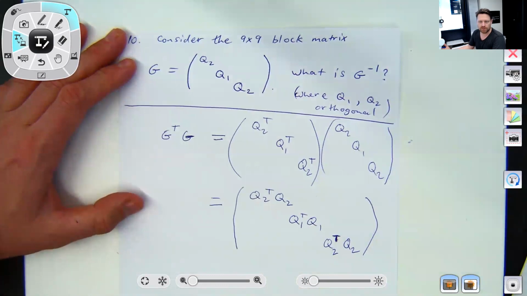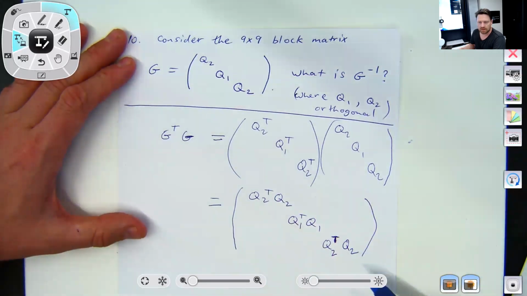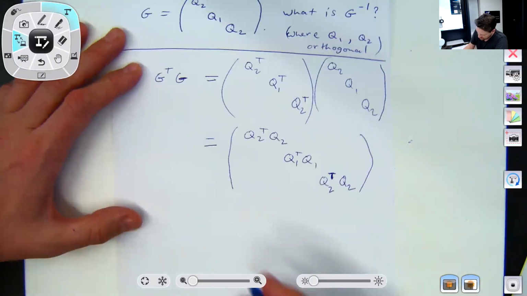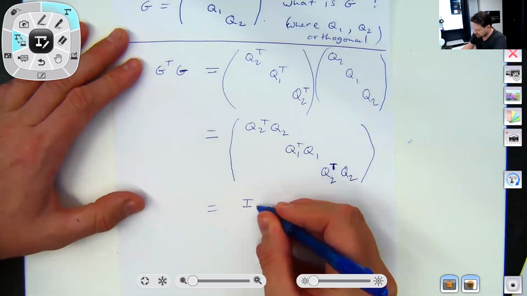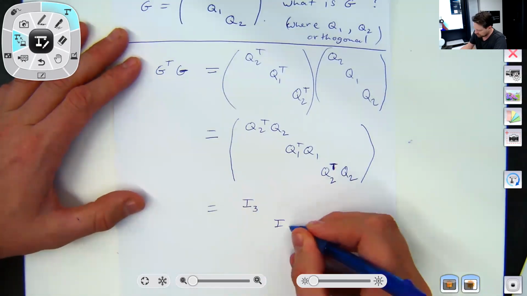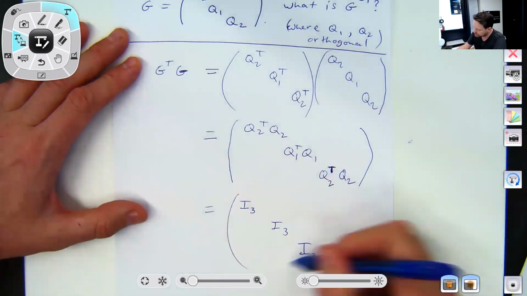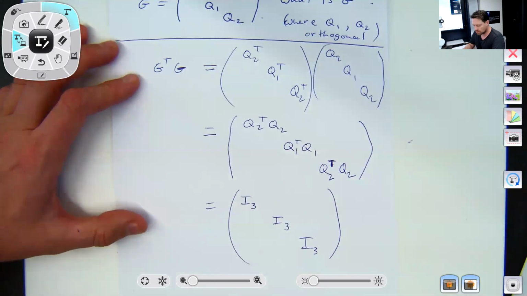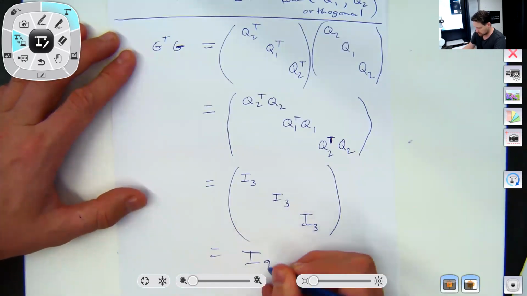Okay, and now you probably already see what's going on, right? That will end up with the identity down the diagonal, so we'll put I3, I3, I3 because these matrices are orthogonal. Okay, and so we end up seeing that this is I9, right?